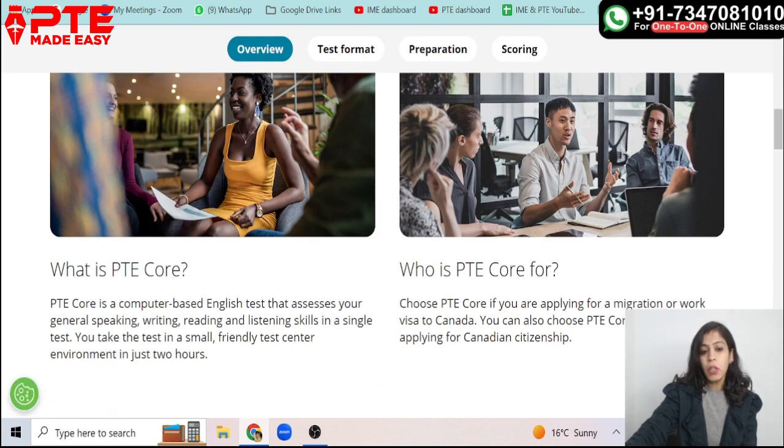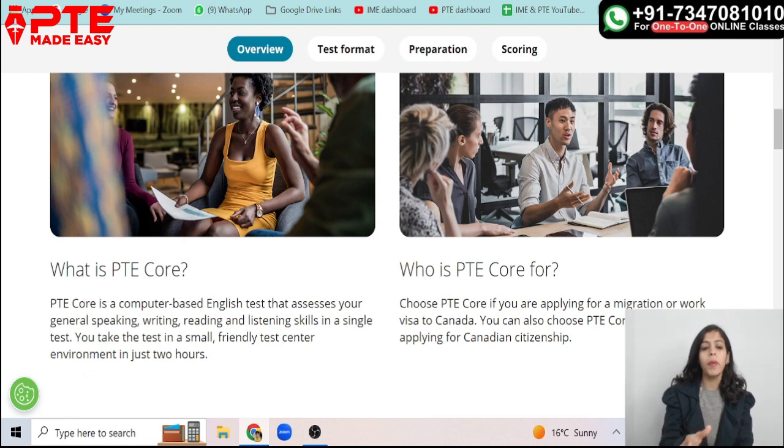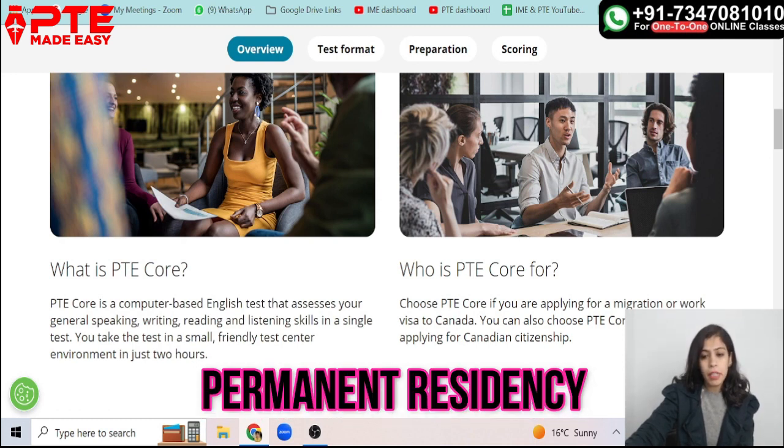PTE Core is a computer-based English test, like PTE Academic. Both are going to take somewhere around 2 hours of yours. PTE Core is for migration purposes: a work visa to Canada, permanent residency.